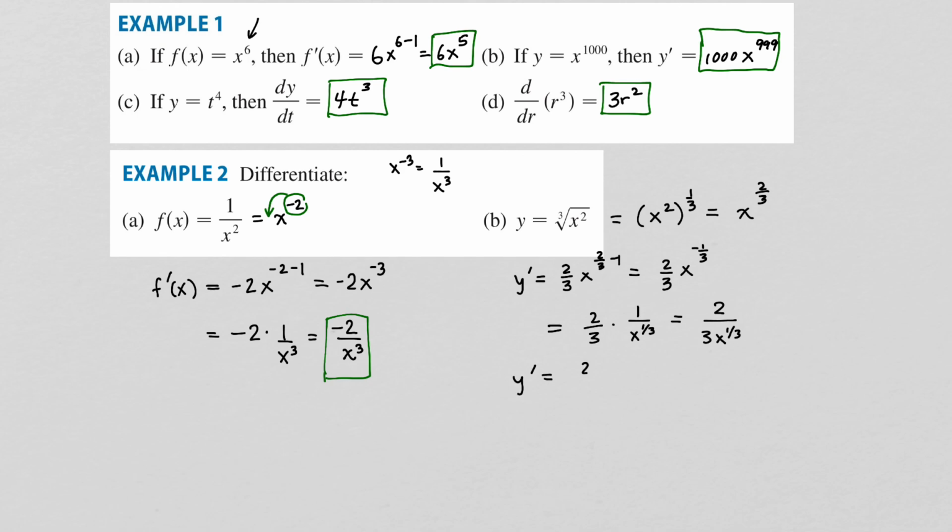And you can leave your answer like this, but you can also rewrite this answer to be 2 over 3 times the cube root of x. I'll be honest with you though, I think this answer is probably better. When you try to rewrite it back into radical form, sometimes this can cause trouble.